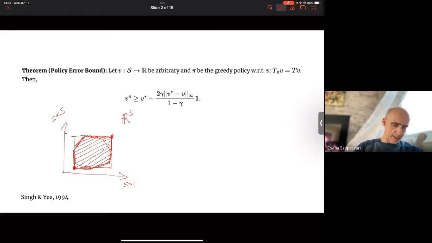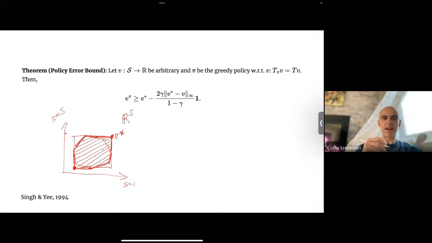It's kind of funny. This is V star here. So that's the value that you would get if you maximize for each state independently of each other, right? So the minimum enclosing rectangle's upper right corner has this property. And this is the value that you would get if you minimize.